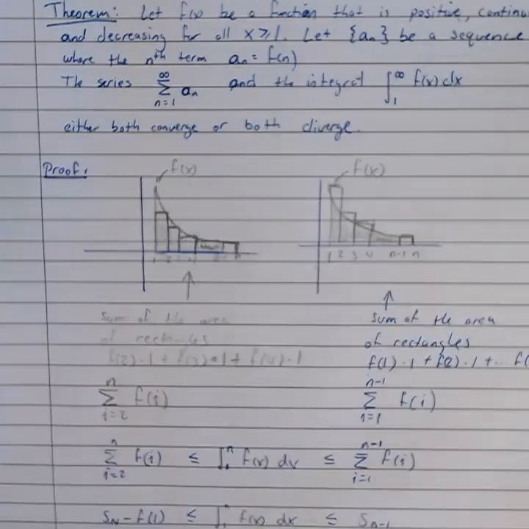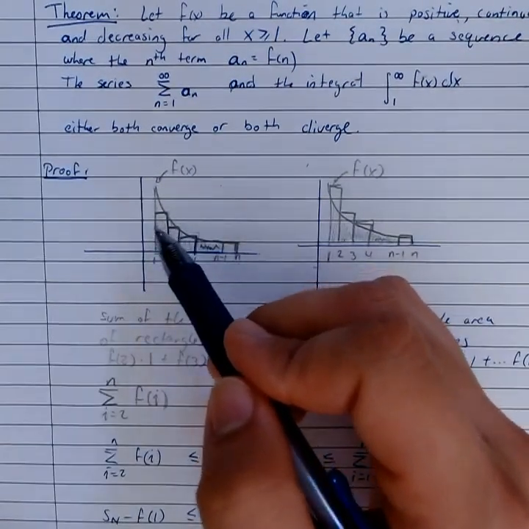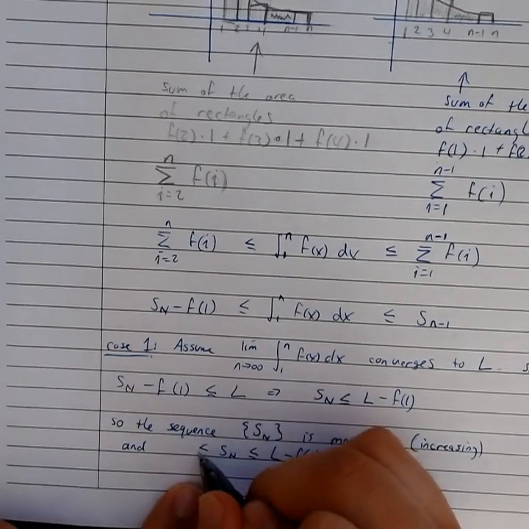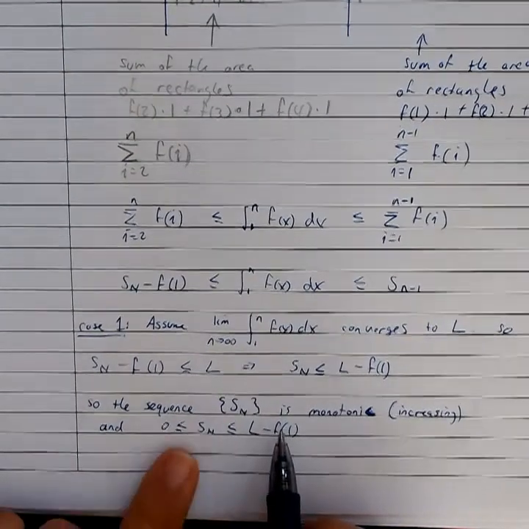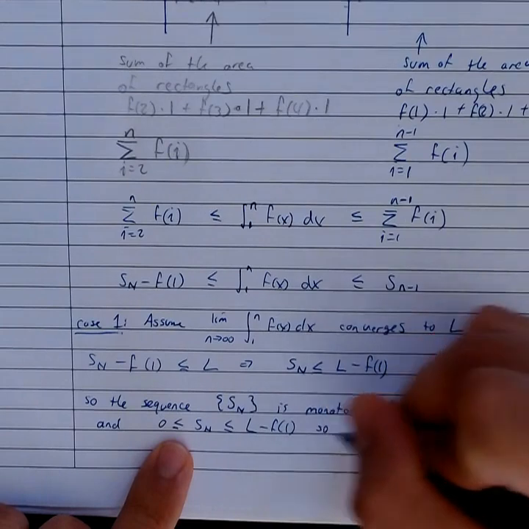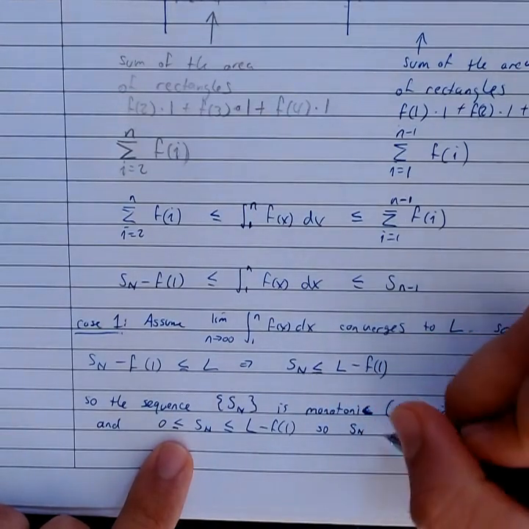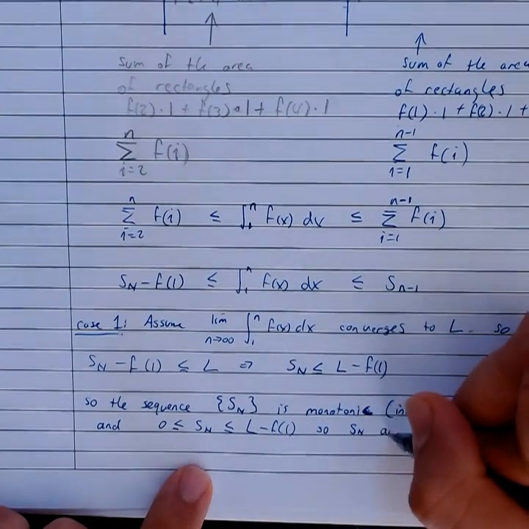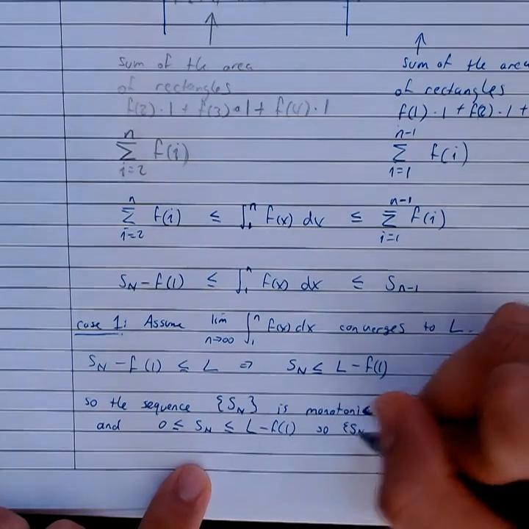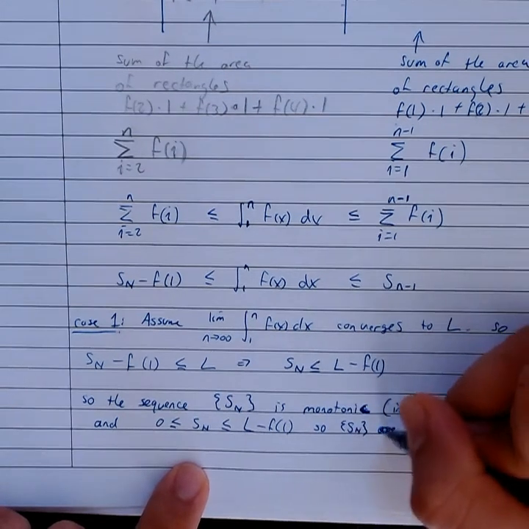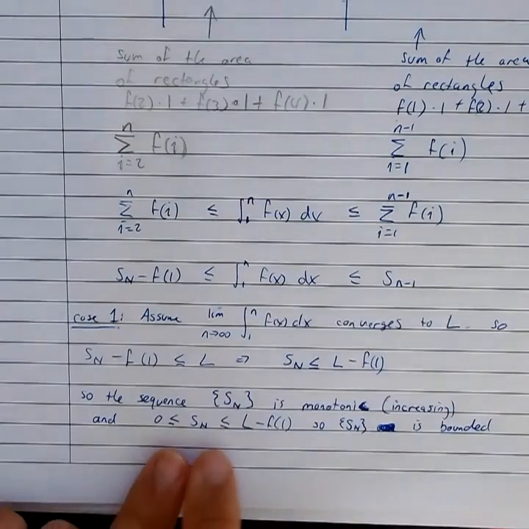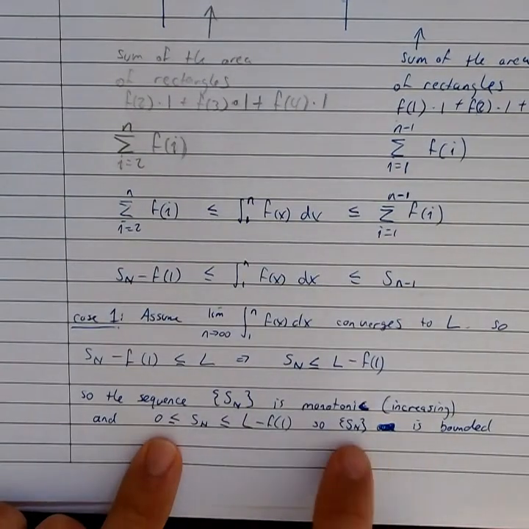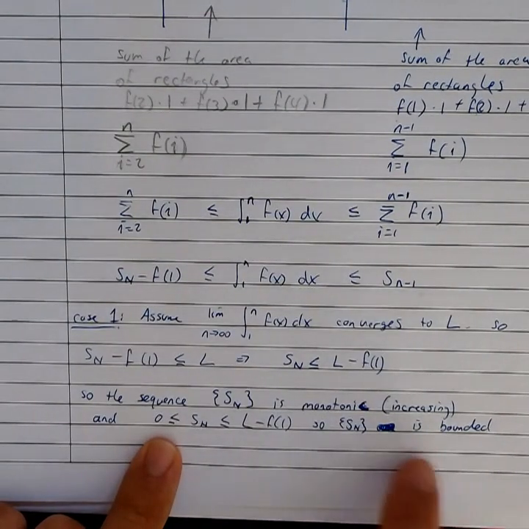So if I add those together, positive plus a positive plus a positive is a positive, which means this is bounded below by 0. So it's bounded above and it's bounded below. That means the sequence s sub n is bounded. If the terms are stuck between here and here, the sequence of terms must be bounded.